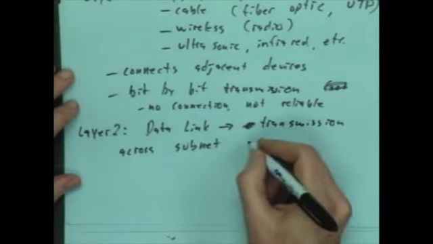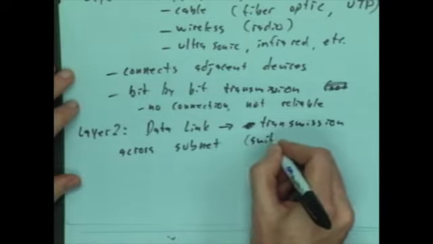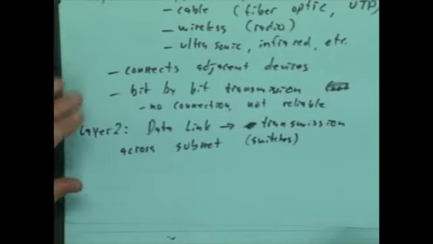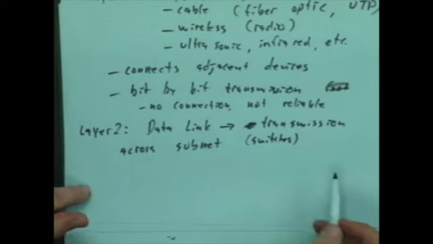And remember, we already talked about this: it was devices or switches. So the data link layer gets us across our subnet.